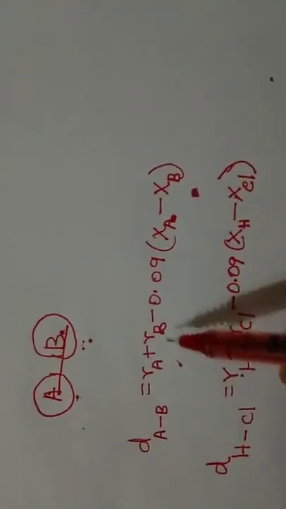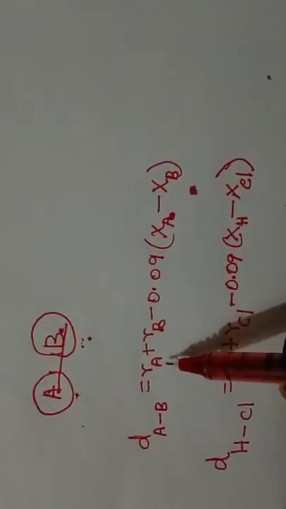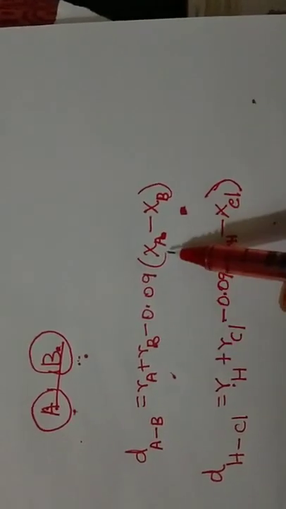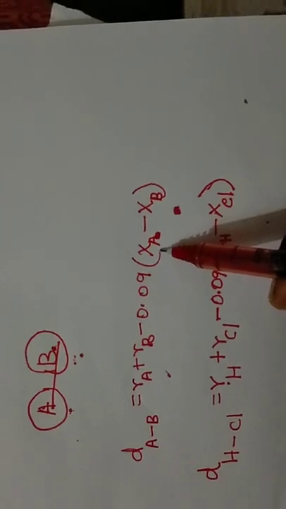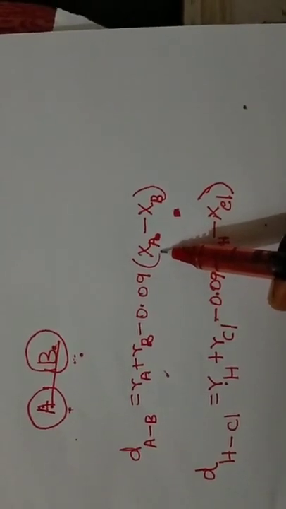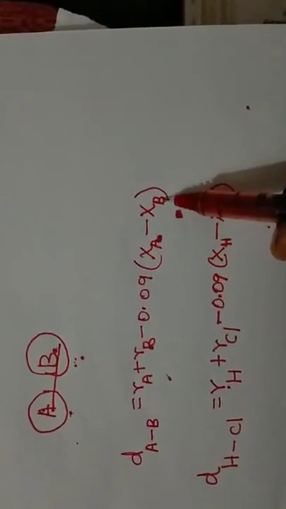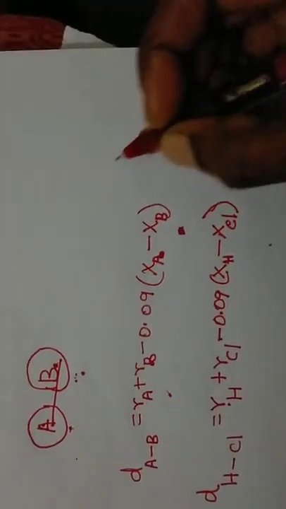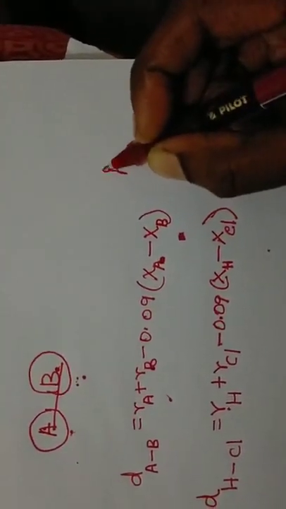Here RA means radius of A, RB means radius of B. XA is the electronegativity of A, XB the electronegativity of B. And the unit here is angstrom.